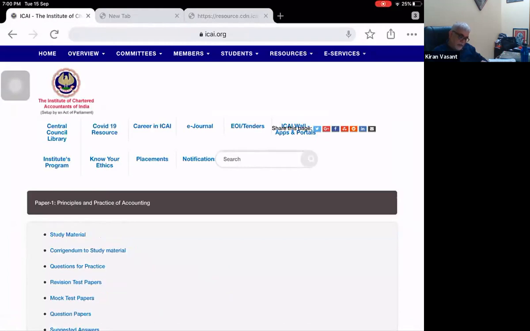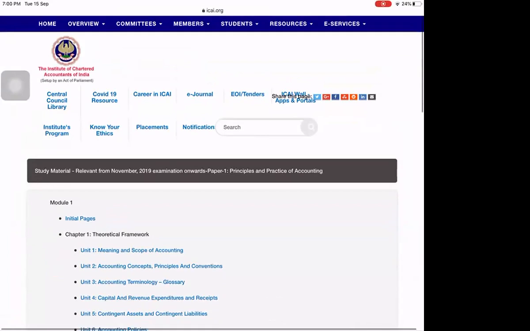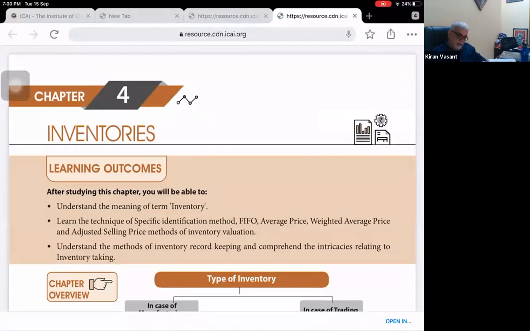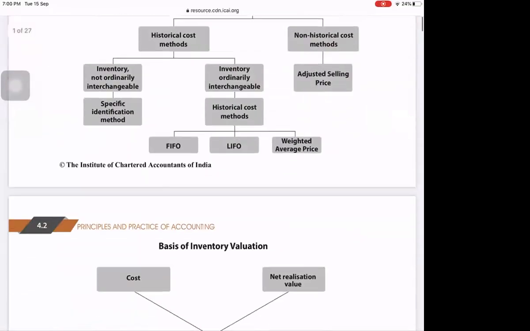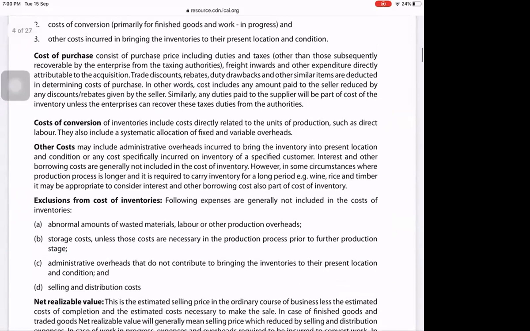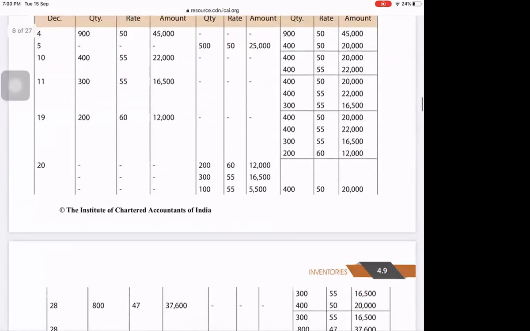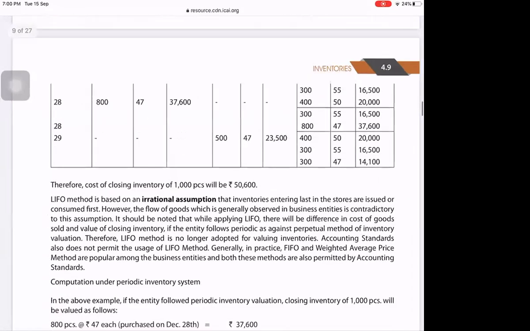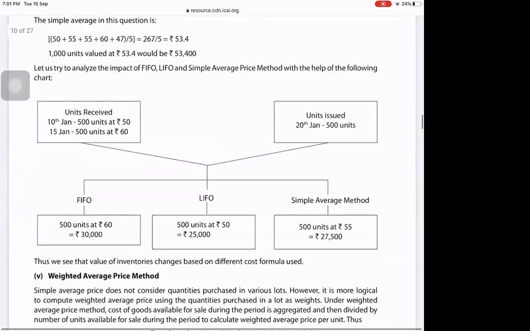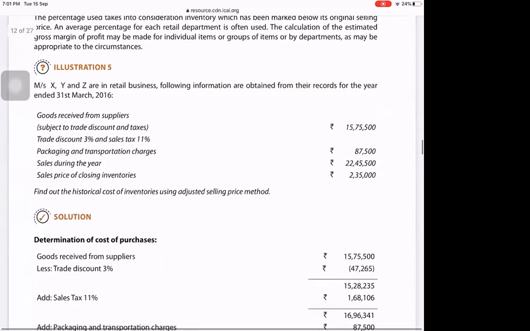Foundation study material, is it? Yes, sir. Inventory, early inventory. Which question? 4.25, page 4.25. They have included advertisements here.